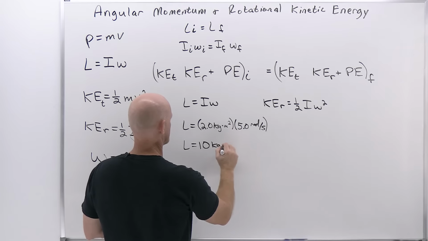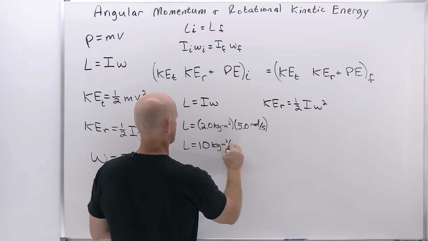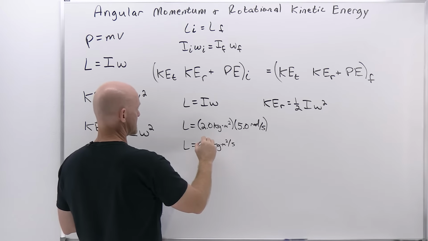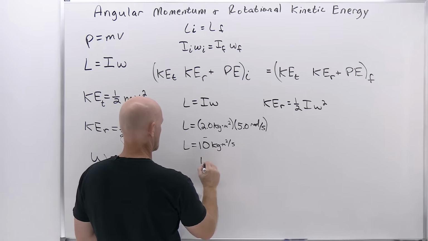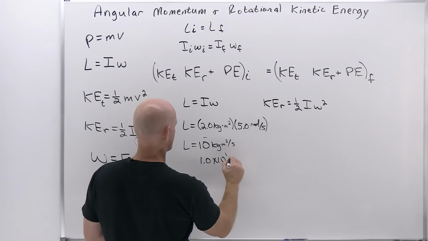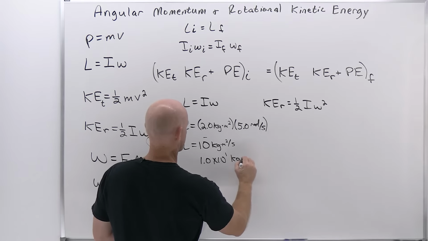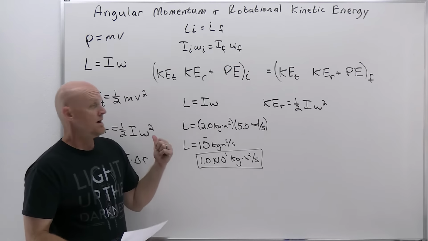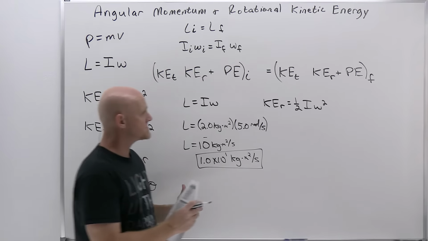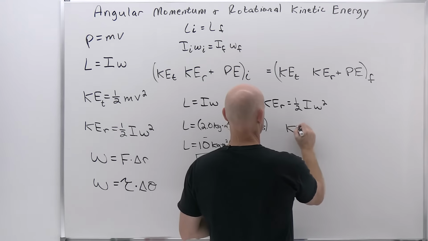In this case, we want 2 sig figs, so maybe we make this 1.0 times 10 to the first kilogram meter squared per second. My preferred way to get that second sig fig when it's a 0. But take your pick.